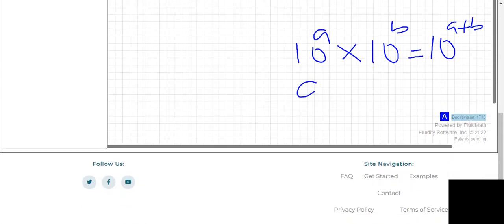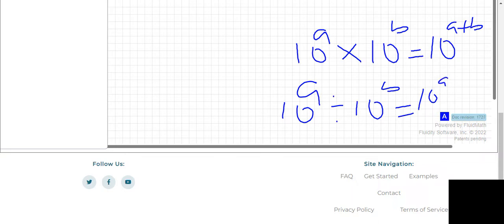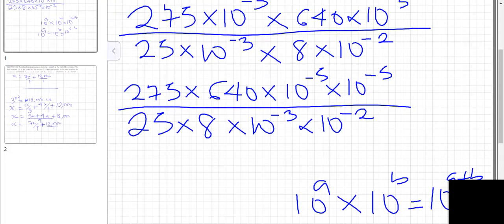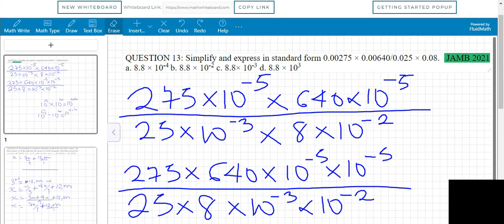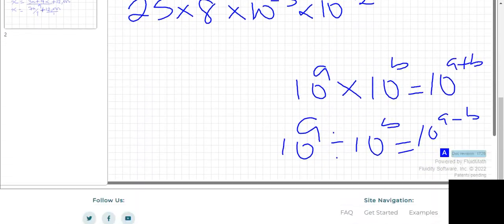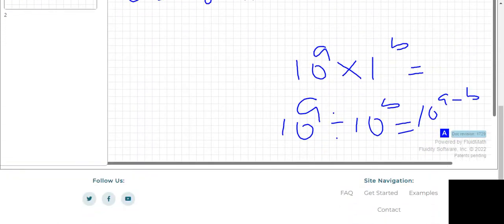We'll also have 10 raised to power a divided by 10 raised to power b, which will give us 10 raised to power a minus b. That is some of those things you meet in your indices. As a way of reminding you, we are going to apply these values in our solutions.